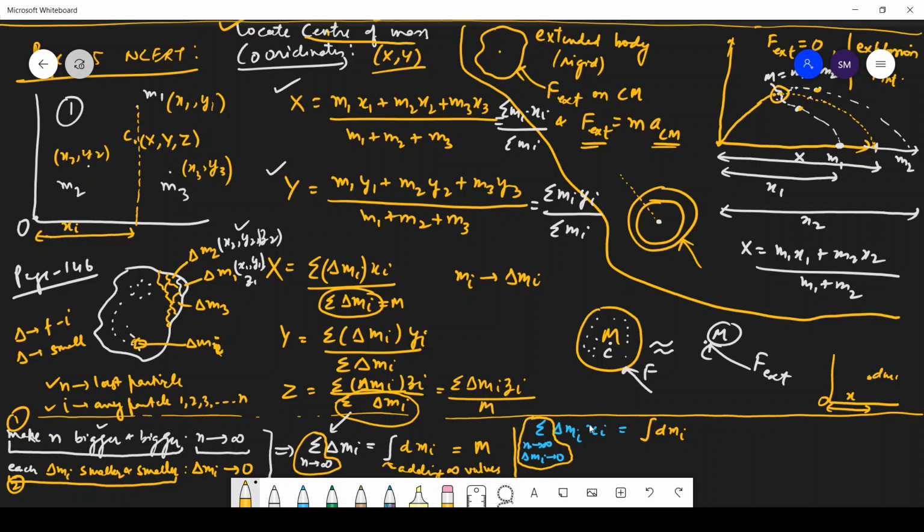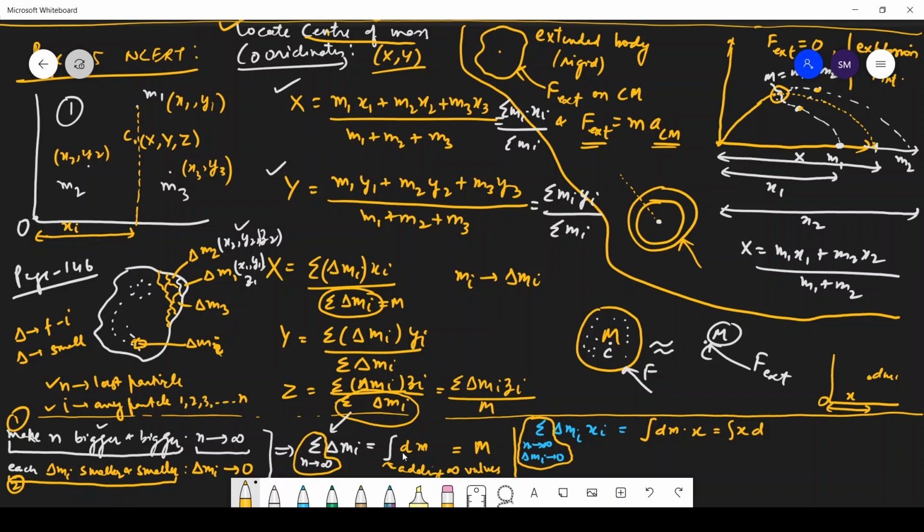So instead of xi, I will write x. Is this clear, students? These are the two changes, and this d we write at the end, and all the things in the beginning. Now there will be no i here, so you need not write i.